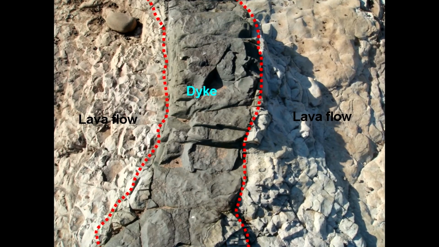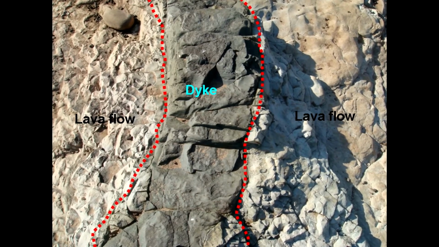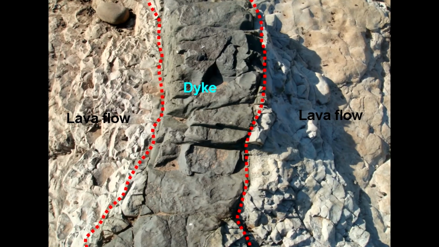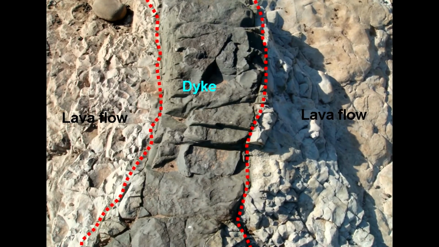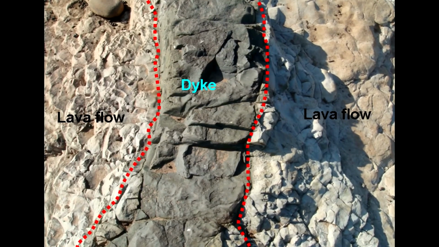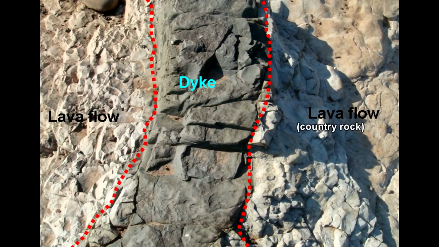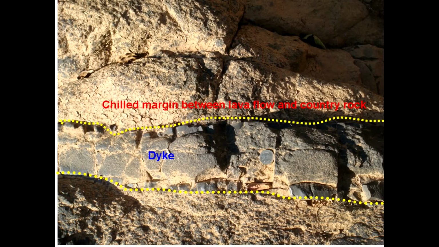See here, I want to show you some pictures of how these dikes cut across various rocks. This black colored portion is a dike and the light colored portion is a country rock, which may be sedimentary rock, lava flow or a metamorphic rock. Here again the dike is cutting across the country rock, and the margins of the dike are glassy.